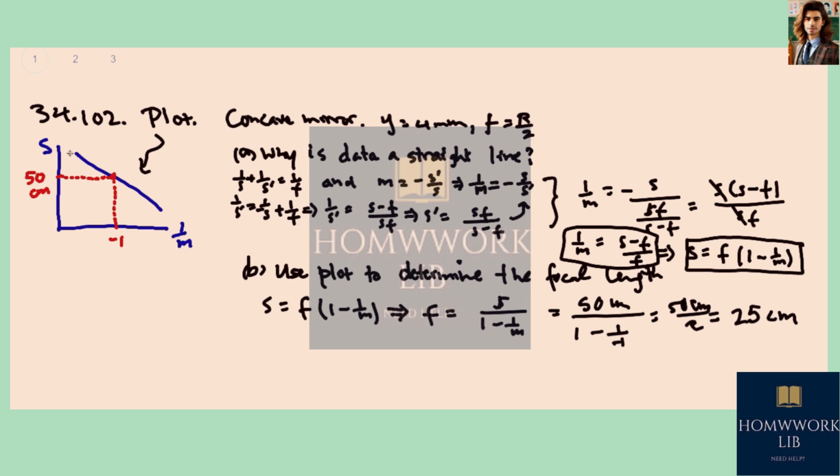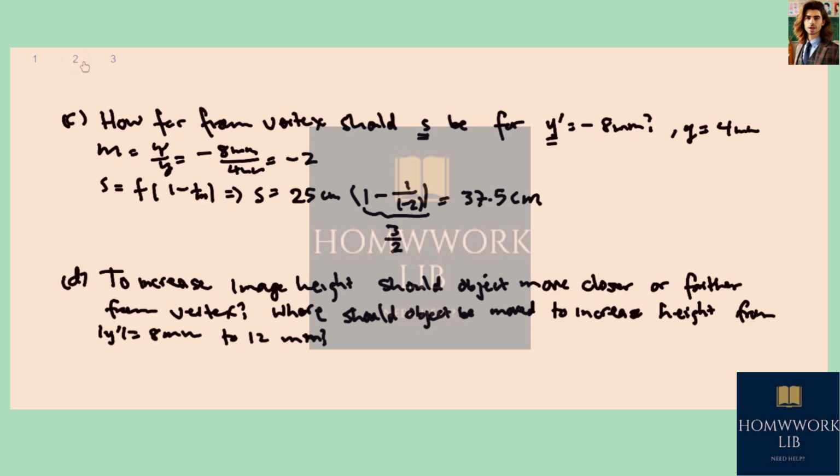So we see that it has this downward sloping relationship. If we want bigger magnification, we'd want s to be smaller, right? Because we have this line with a negative slope. So examining that data, we know that we should move the object closer to the vertex.